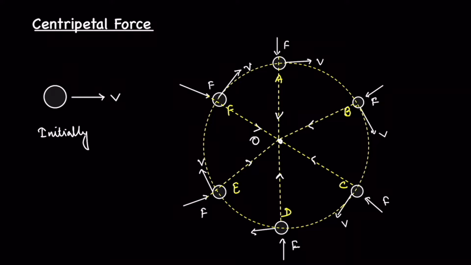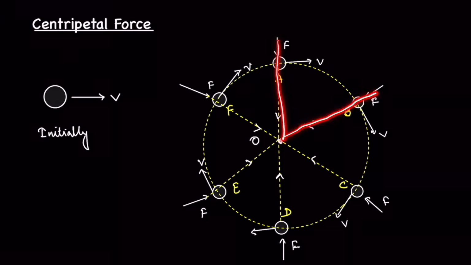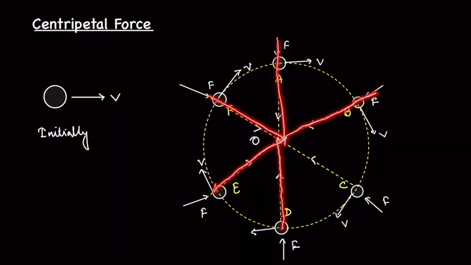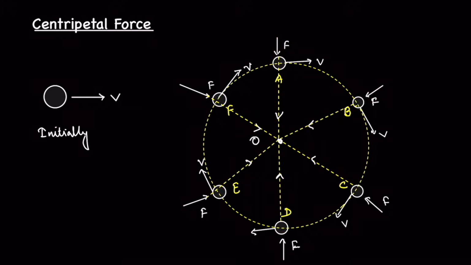Second thing, if you extend all the forces, they will meet at the center of the circle and the direction is towards the center. So when a force is acting on a body and it forms a circular motion, the force is said to be centripetal force and its direction is towards the center.